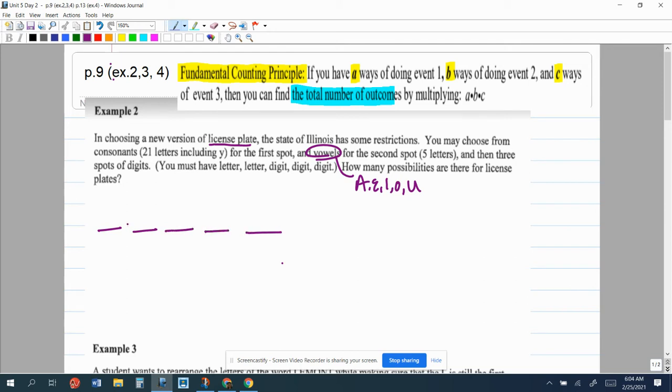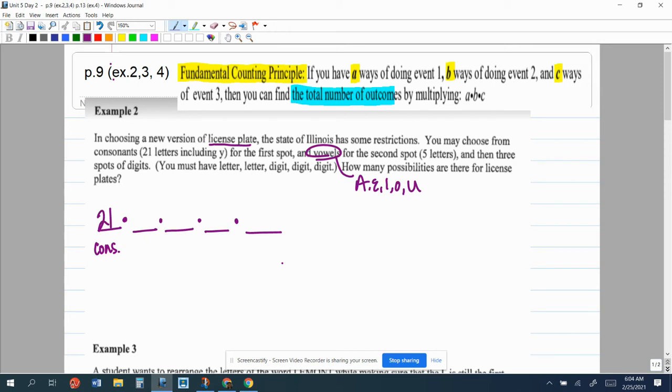So each one of these areas has a different number of outcomes that you can have. And the fundamental counting principle comes in when we multiply each one of these number of elements that could exist in these locations for our license plate. So for the first license plate spot, we only can put consonants. So my number would be 21 possibilities.